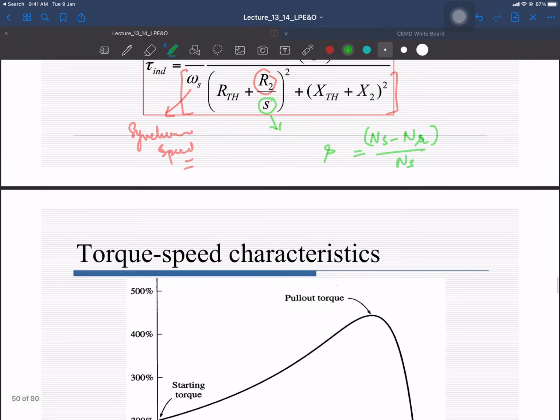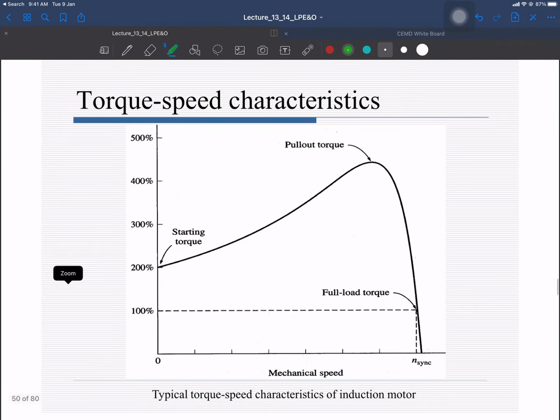Okay, so if you sketch that torque speed curve, it will be somewhat like this. In this, we have considered all the machine parameters constant. V Thevenin is constant. We are only varying the speed, right? And the speed may be changed in a number of ways. So you can see the sketch of the torque speed curve.